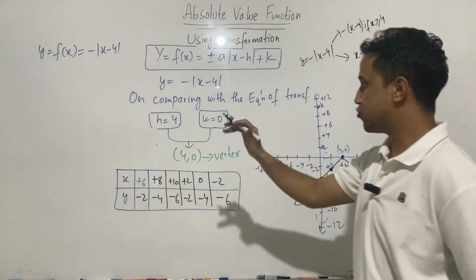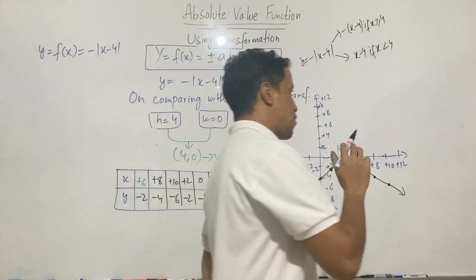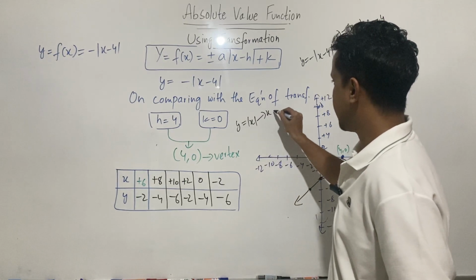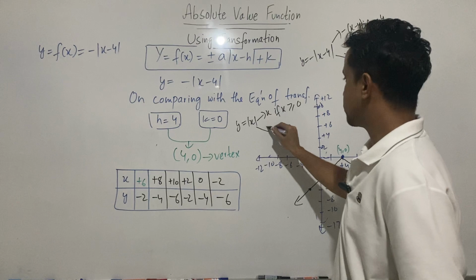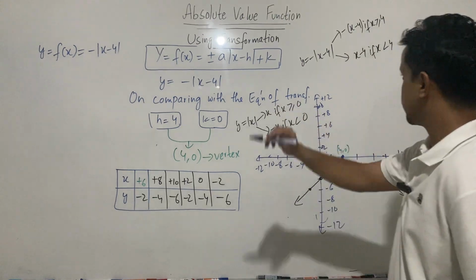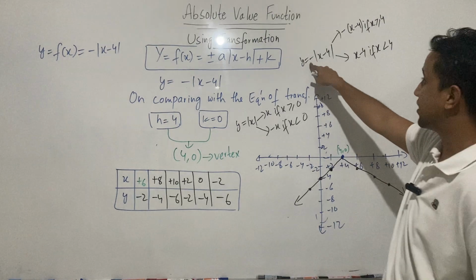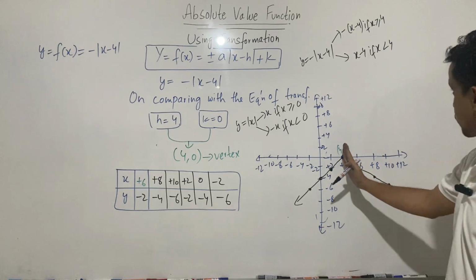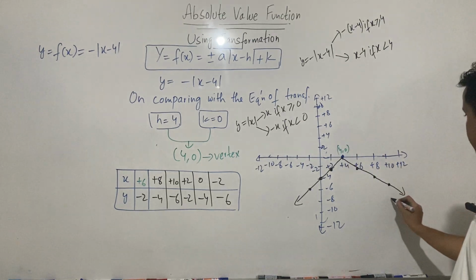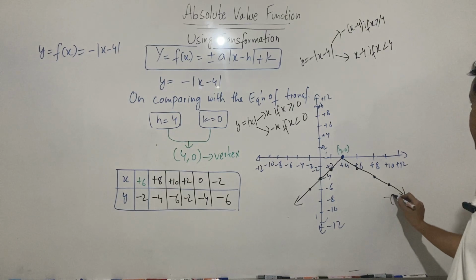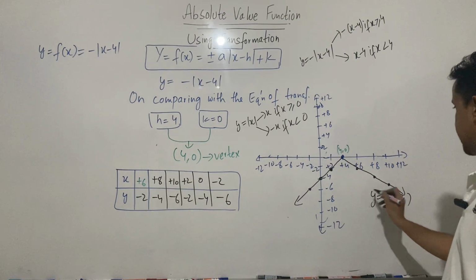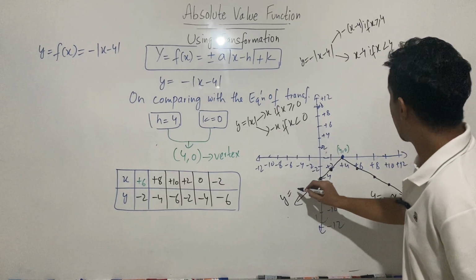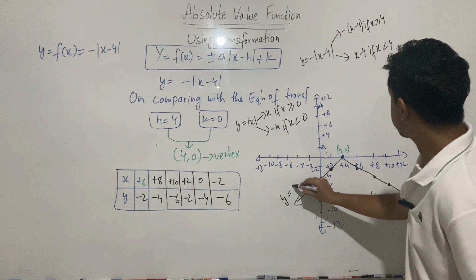It's very simple. If you remember, for the parent function we defined y equals |x|, and it is x if x is greater than or equal to 0, and minus x if x is less than 0. Same here, but because it has a negative sign, it will change. If x is greater than or equal to 4, y equals negative (x minus 4), and otherwise y equals x minus 4.